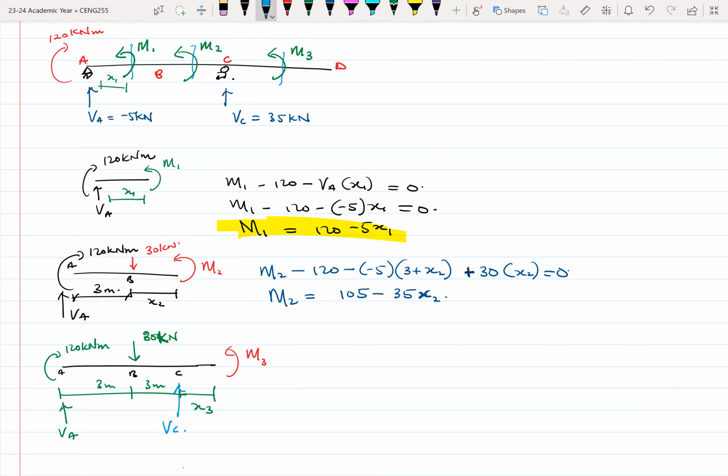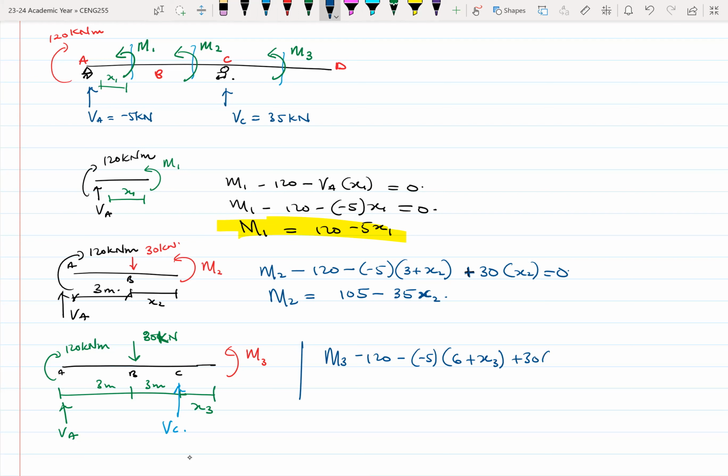So to find M3, let me just write the equation. M3 minus again 120 minus, in brackets, minus 5, bracket open, 6 plus X3. Am I correct? Yeah.